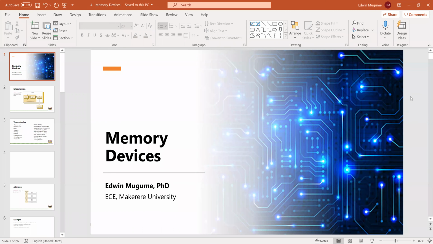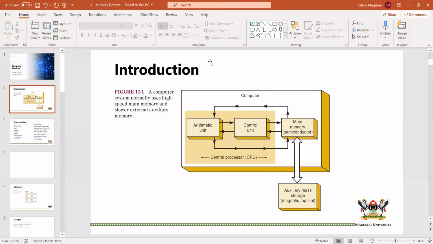We look at memory devices. We know how important memory devices are to, for instance, computer systems. This is an example of a block diagram of a computer.